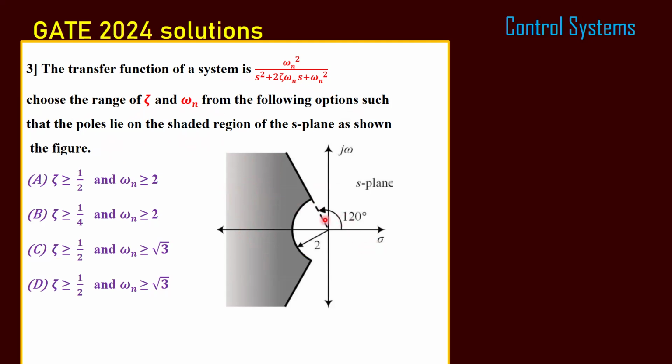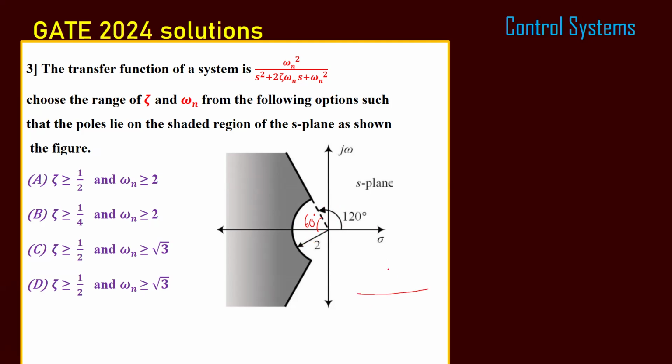So here one angle is given and here one value is given. So from those values we can find out the range. See here, this angle is given. So we can find out this angle from 180 degree. So this will be 60 degree. Okay. So normally in the S-plane, and here they have given the value as 2.